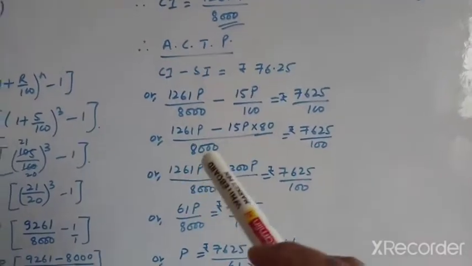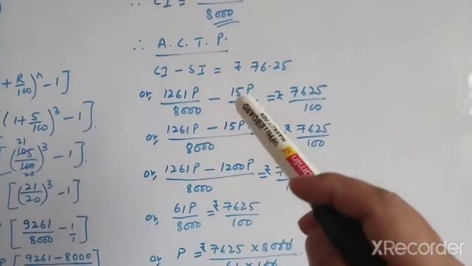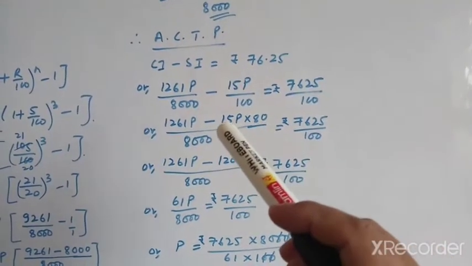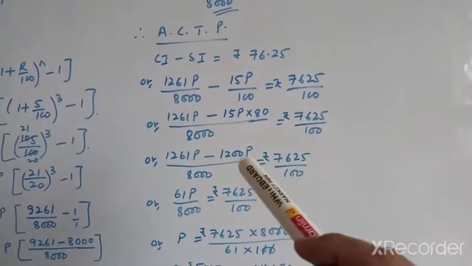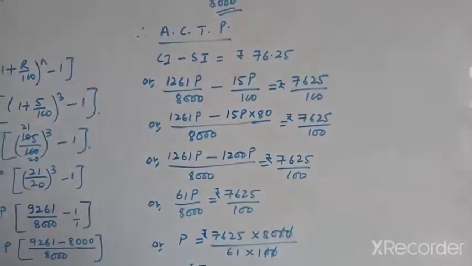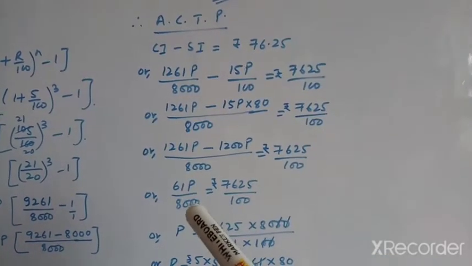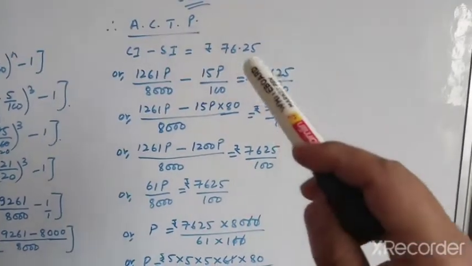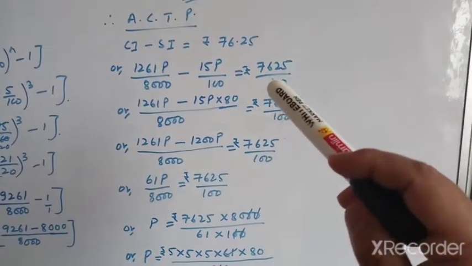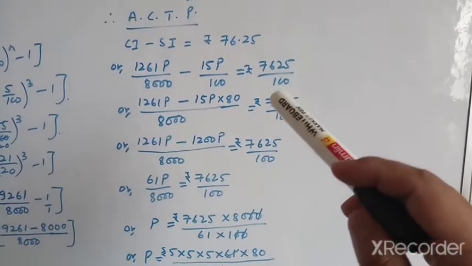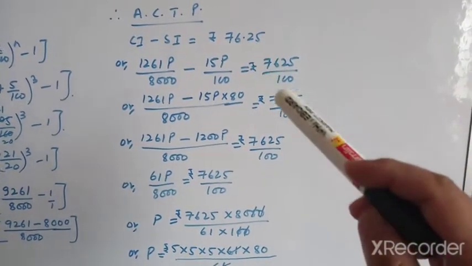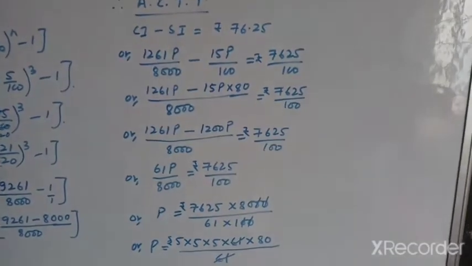Now again 8000 divided by 100 will be 80. Now we need to multiply this by 80. So on multiplication, 15 into 80, we get 1200. These two are like terms, so we can subtract. So you get 61P by 8000, and 76.25 you can write as 7625 divided by 100. So we are replacing the decimals.